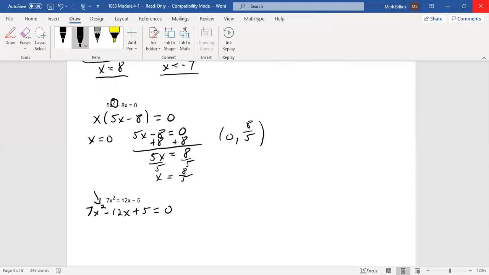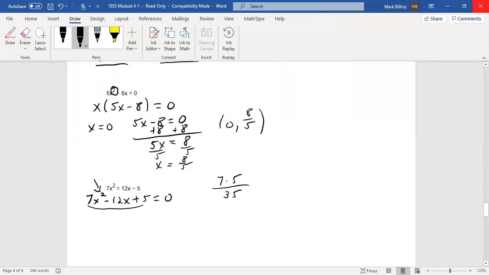So I'm going to use the AC method to factor. Remember, your first step in factoring is to remove the greatest common factor. Your next step is to multiply the A times the C. So I'm multiplying 7 times 5, and that gives me 35. I'm looking for the factors of 35 that add to a negative 12. So my factors of positive 35 are 1 and 35, negative 1 and negative 35, 5 and 7, and negative 5 and negative 7.